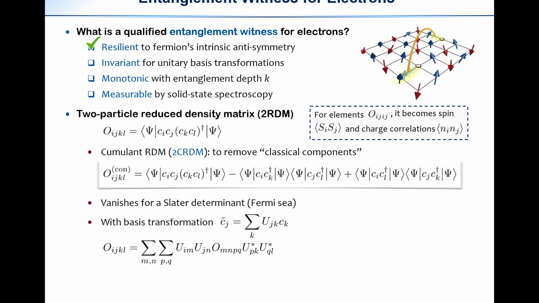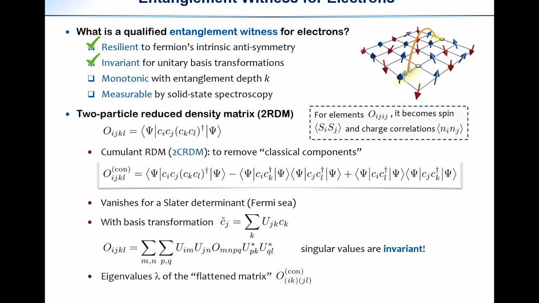This quantity is not basis invariant, but it transforms covariantly under unitary transformation. The 2-RDM tensor transforms with U dagger when you have a unitary basis transformation. Once you see something like this, you know immediately what the invariant is: the singular values of the tensor. So the singular values become the invariant property under basis transformation.